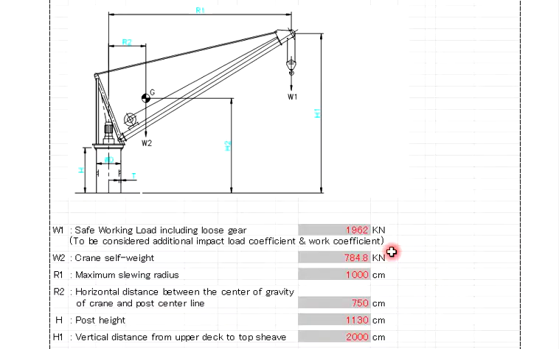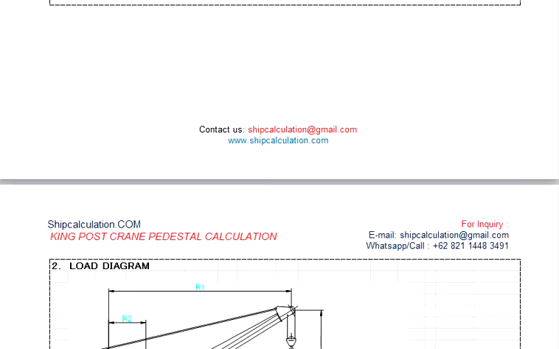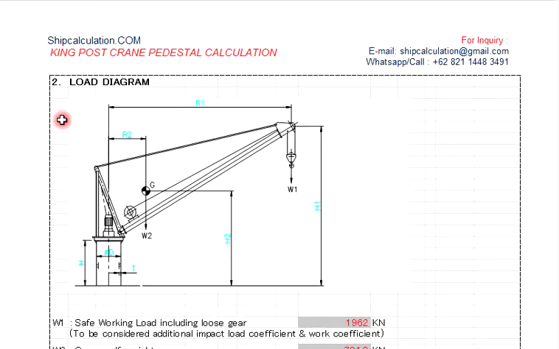Okay, this is a load diagram. This one is the crane pedestal, and then this one is the boom.